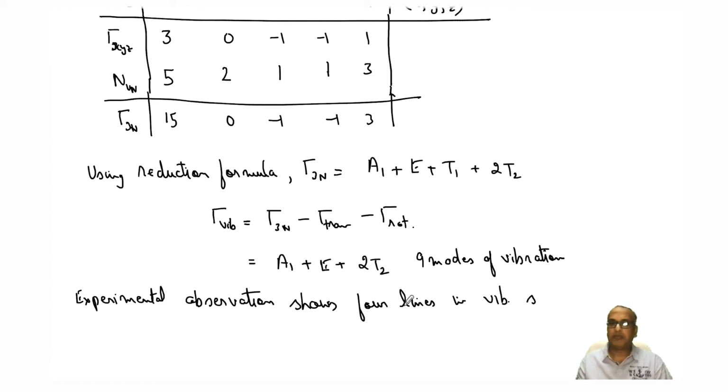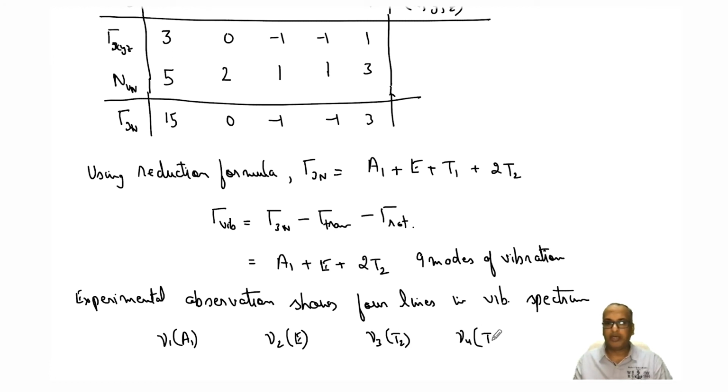So you should see a maximum of 4 lines and not more than that, which is defined by the 4 sets of IR representations in the vibrational spectrum. So you will get nu 1 with A1 symmetry, nu 2 with E symmetry, and these are 2 degenerate modes. We don't know yet whether these are stretching modes or bending modes and so on. Now nu 3 with T2 symmetry and nu 4 with T2 symmetry.